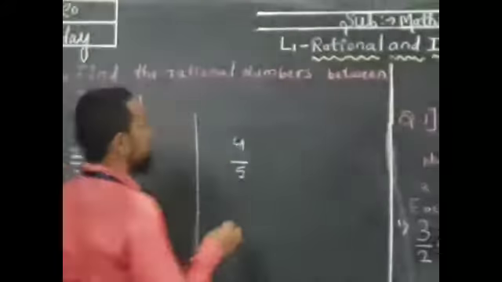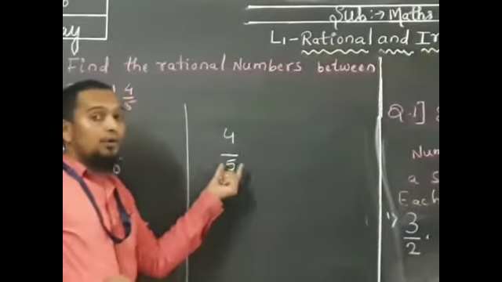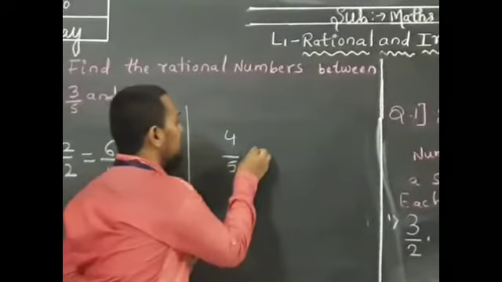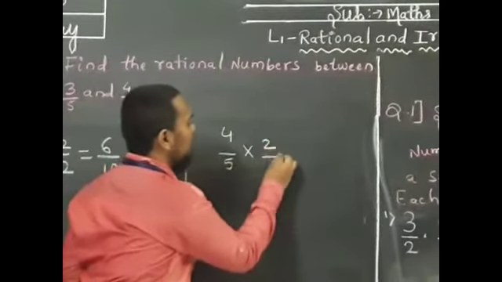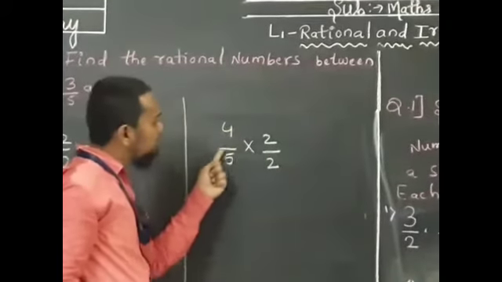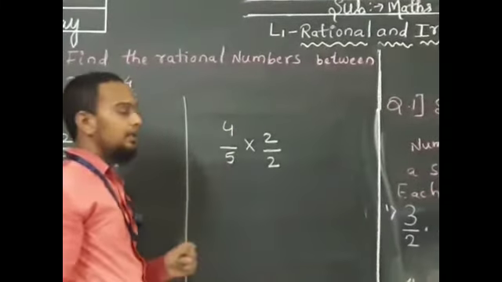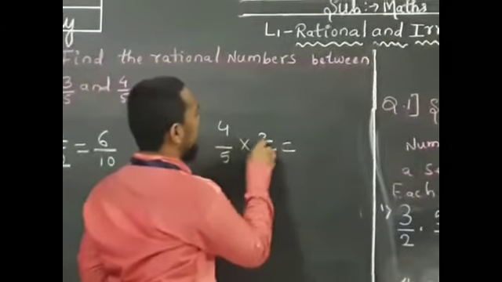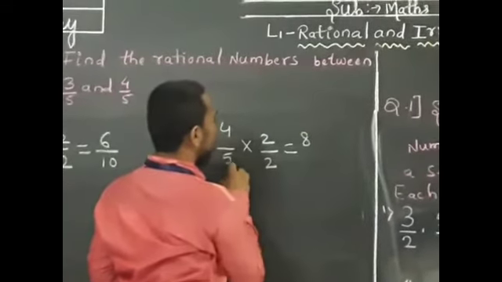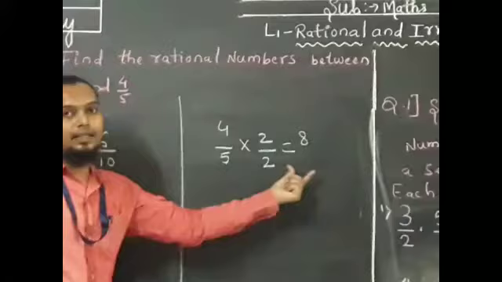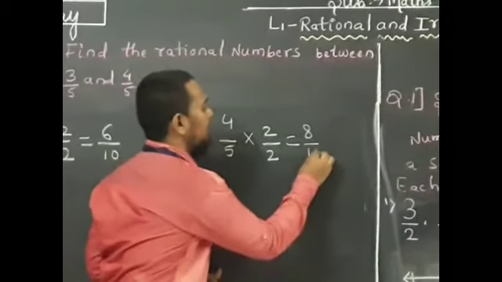Next, on the other side, 4 upon 5 is multiplied by 2 upon 2, both numerator and denominator. 4 2s are 8, and 5 2s are 10, so 8 upon 10.